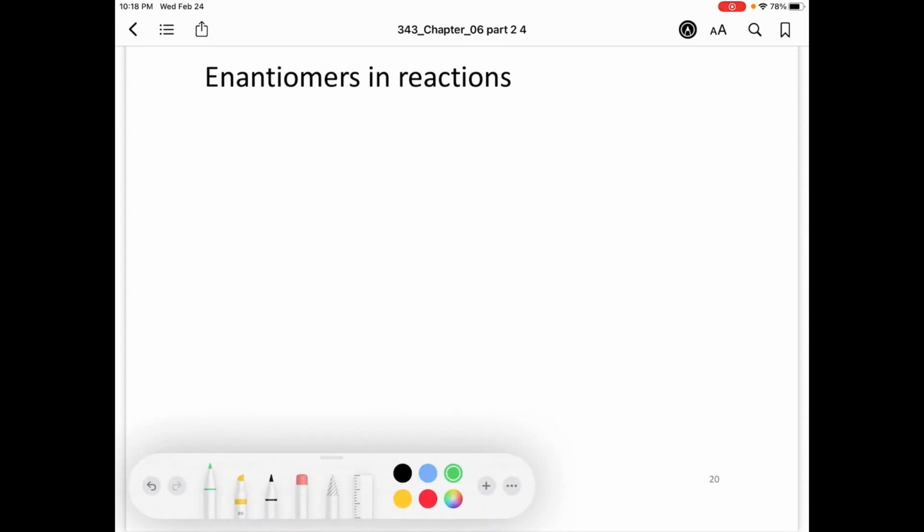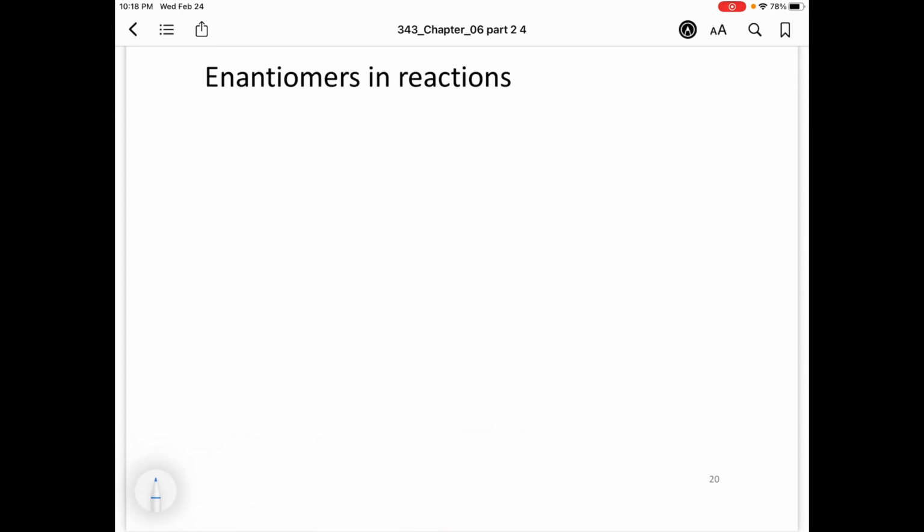I want to talk about one more thing, and it's this terminology when we use enantiomers or diastereomers in reactions. So let's do our one reaction that we've learned. We're going to take an HX, and we're going to add it across an alkene, okay? So we know that the proton is going to be on the carbon with the most protons, and that means that we're going to get our bromine here on the carbon with the least amount of protons.